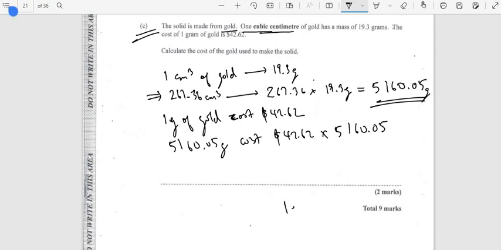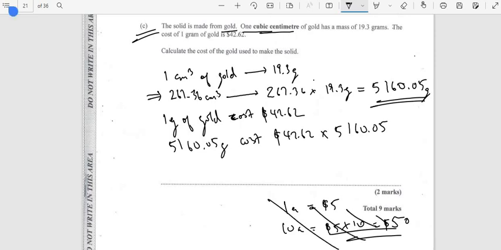It's like saying 1 apple costs $5. What's the cost of 10 apples? You take what 1 costs and multiply by 10. So it'll be $50. Does that make sense? Reason on it. Okay, so that's not what we're talking about though. We're looking at the fact that 1 gram costs $42.62 and 5,160 grams would cost $42.62, the cost of 1, times this amount. And so that will be equal to, and then we get this amount.